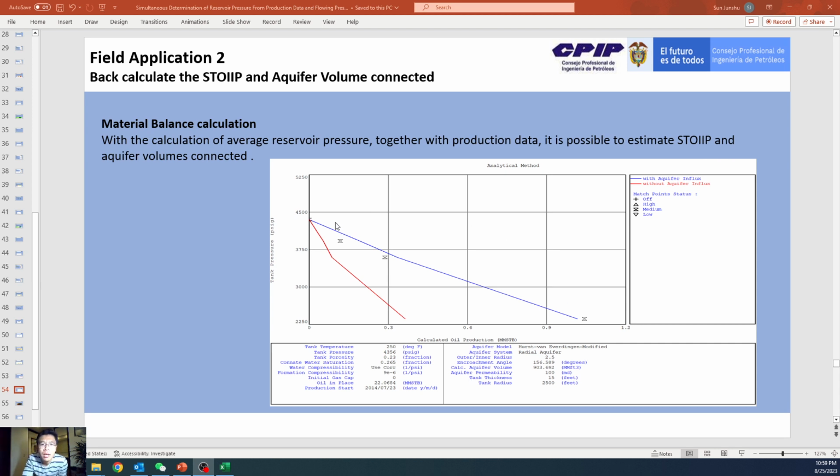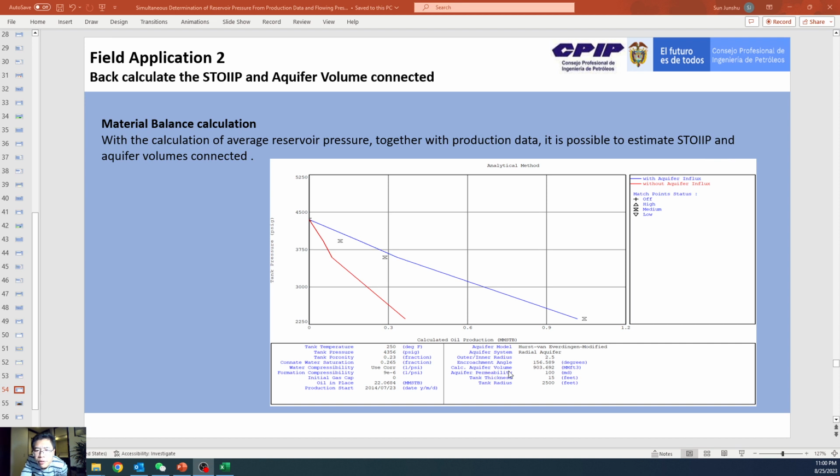If without the aquifer, we would expect the reservoir pressure declined as this. So we can also calculate the volumes of the aquifer connected.